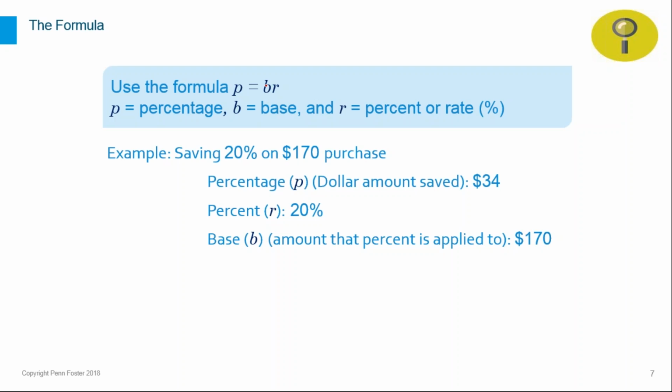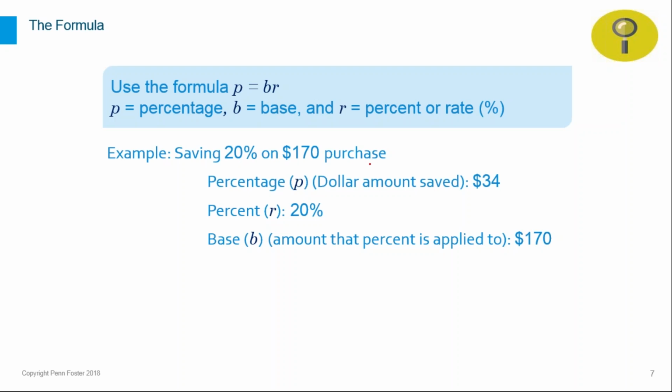So the 20% off is the rate. The base is what the 20% will be applied to. So the base in that case is the $100. And then the percentage would be how many dollars you'll be saving using a 20% off of a $100 purchase.